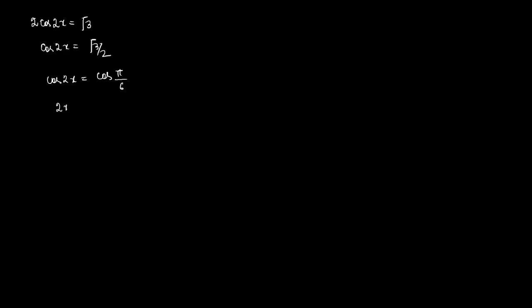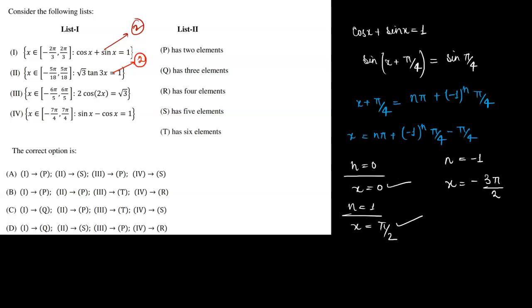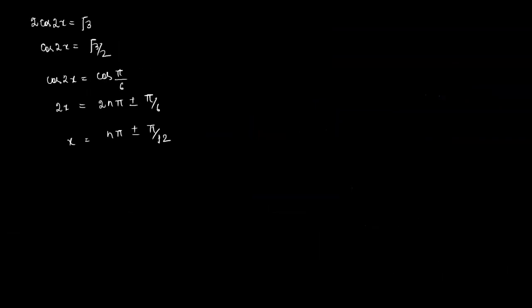So for the general solution we can write 2x is equal to 2n pi plus minus pi by 6. So x is equal to n pi plus minus pi by 12. So again we have to check the interval.